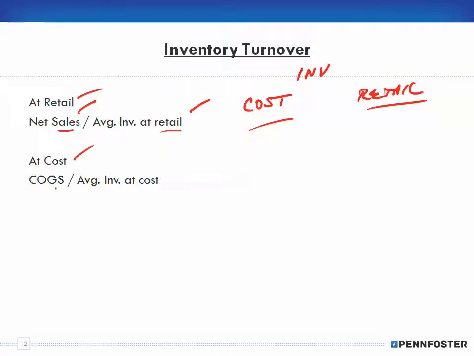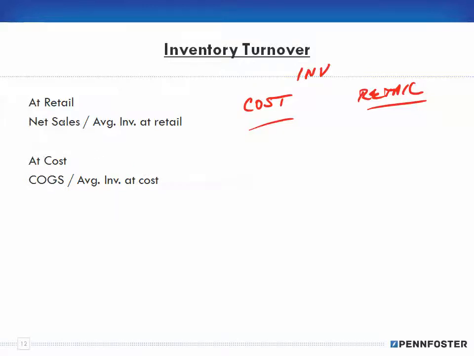When we're looking at cost, we're looking at our cost of goods sold and our average inventory at cost. You're not mixing retail with cost, right? You're looking at either the retail side of it as an inventory turnover, or you're looking at the cost side of it.